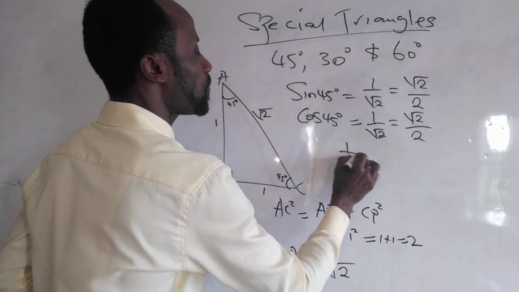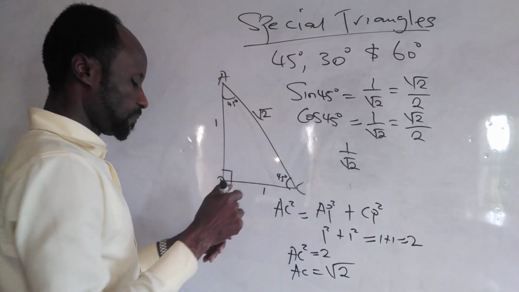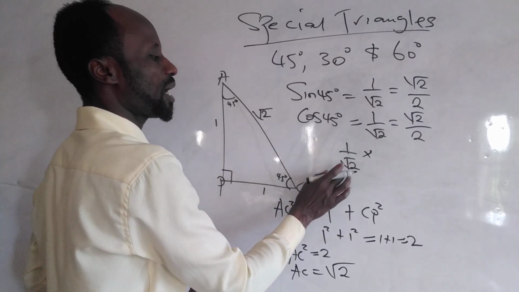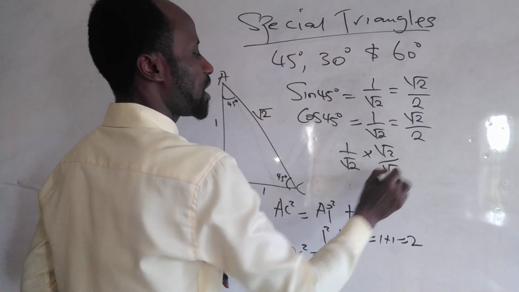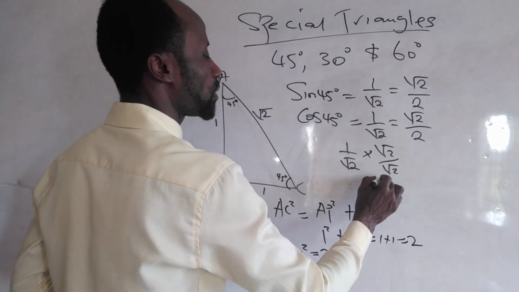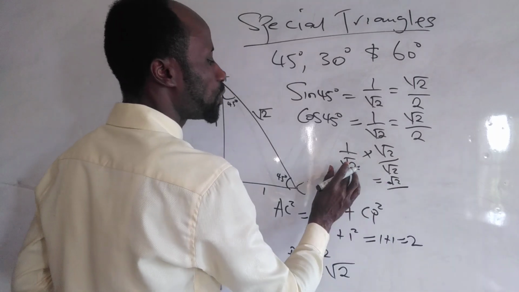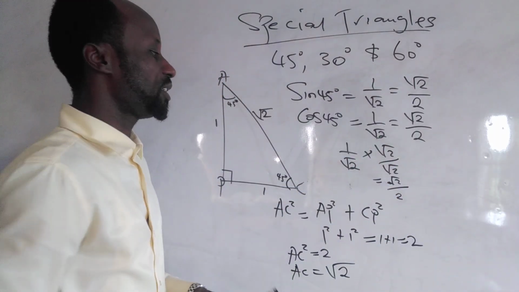I hope you remember how we obtain this. Quickly, if you have 1 all over root 2, since root 2 cannot be left as the denominator, that means you must multiply both the numerator and the denominator by root 2. If you do that, 1 times root 2 will give you root 2, then root 2 times root 2, which is 2. So that is how we obtain this.